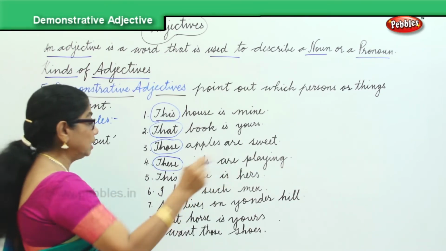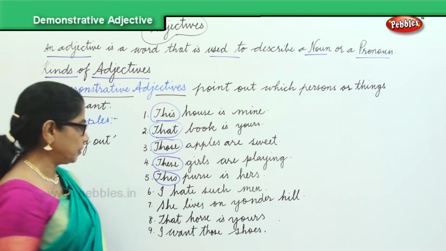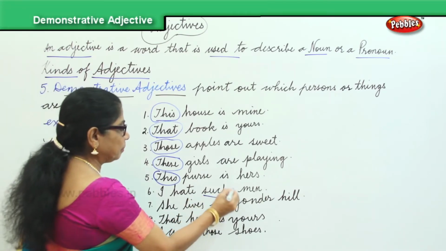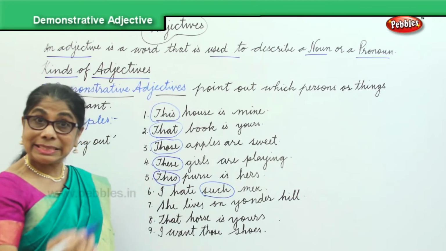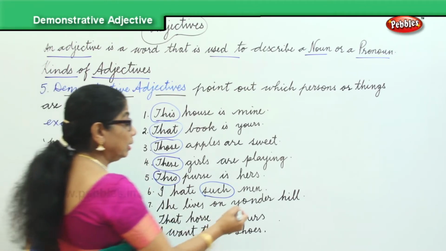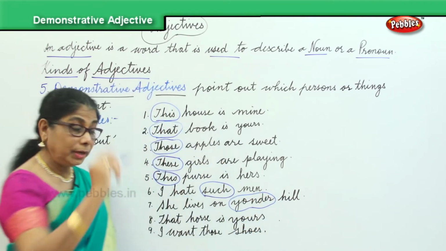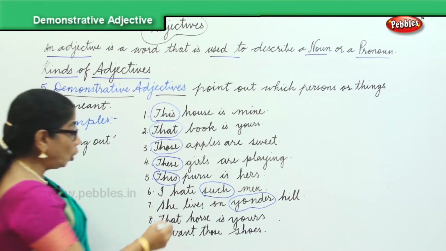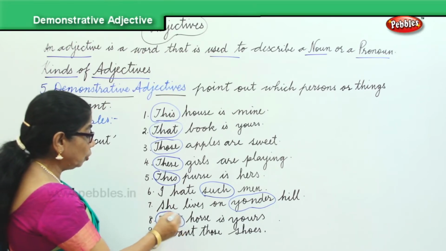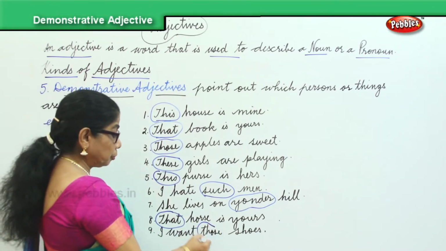This purse is hers. I hate such men. She lives on yonder hill. That horse is yours. I want those shoes.